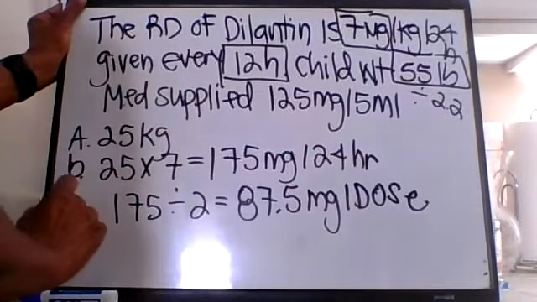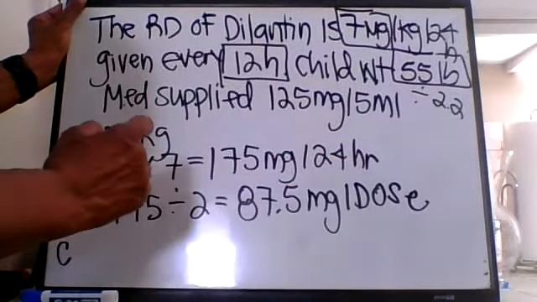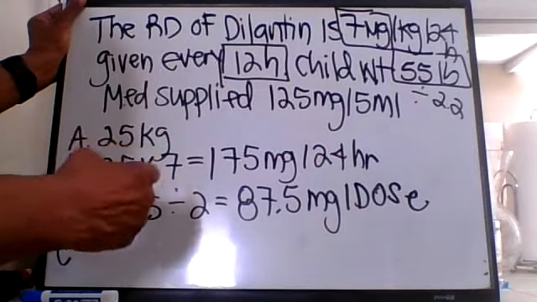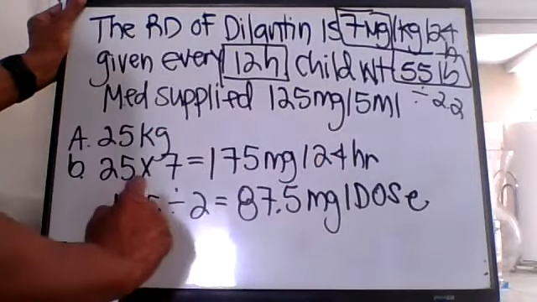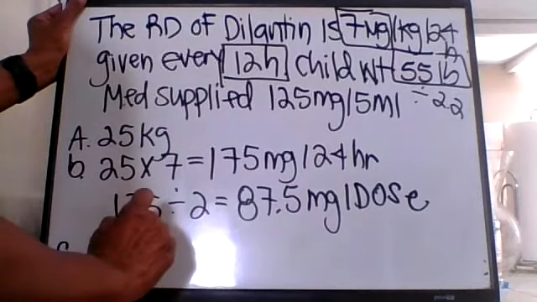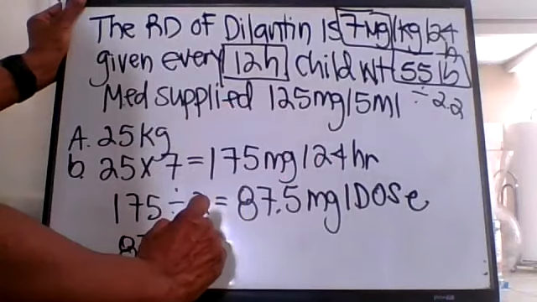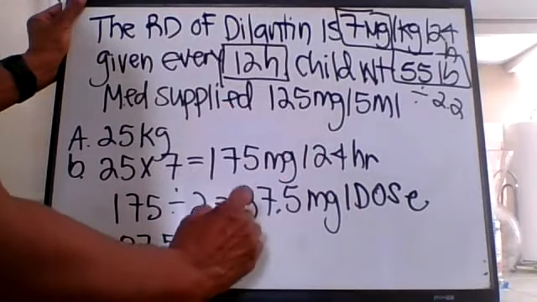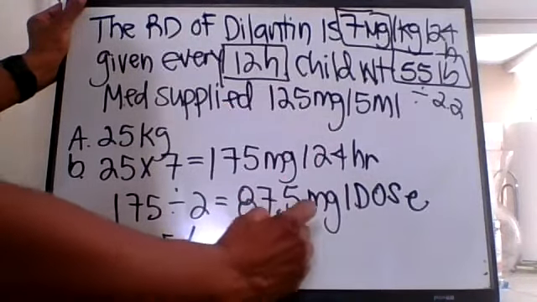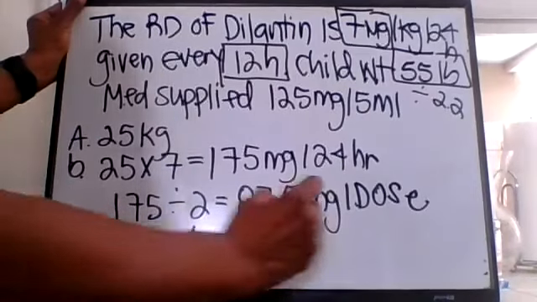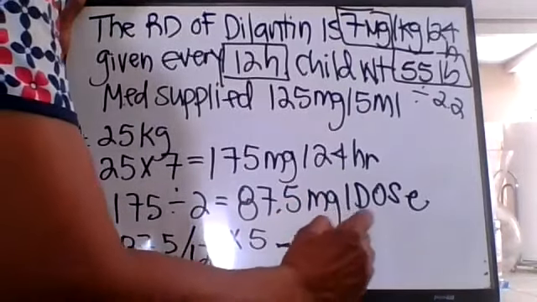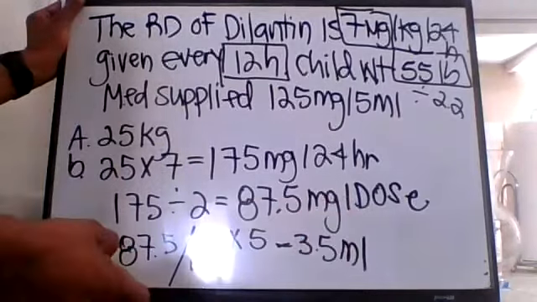Okay, C is asking us how many milliliters will be administered for each dose. So now we take the 87.5 and we divide it by what we have on supply, which is 125 milligrams, times 5 milliliters. Okay, and we come out with 3.5 milliliters is the answer.